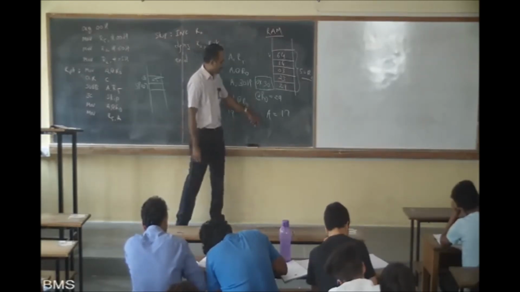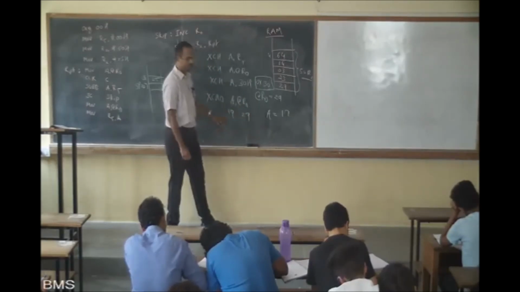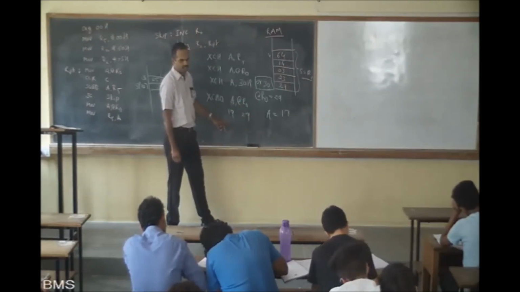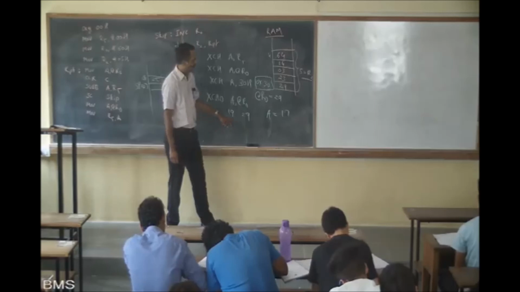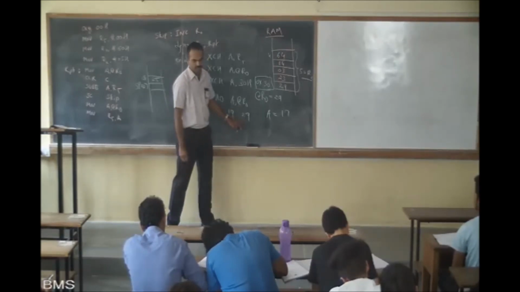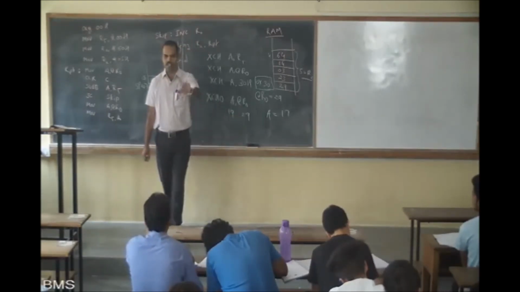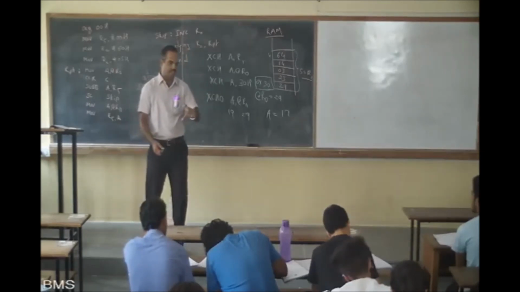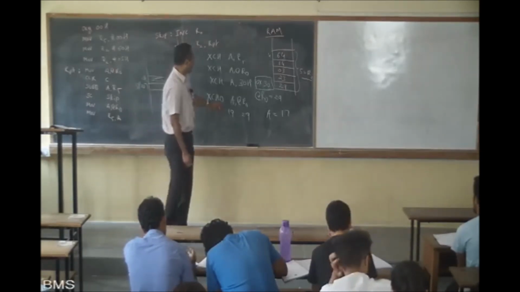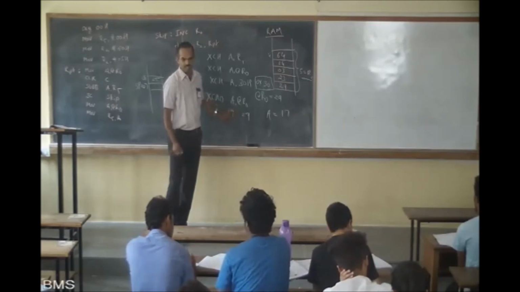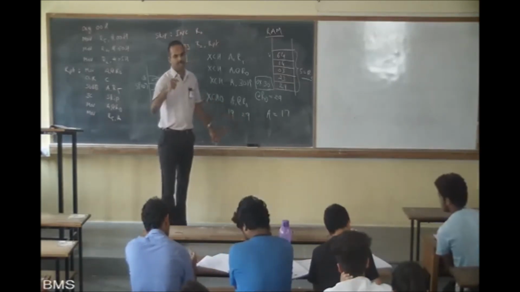After that, you write A equal to what value? R0 equal to what value? A equal to 19. R0 equal to 27. You have written this: before XCHD instruction, after XCHD instruction, A and R0 value. Is it clear?